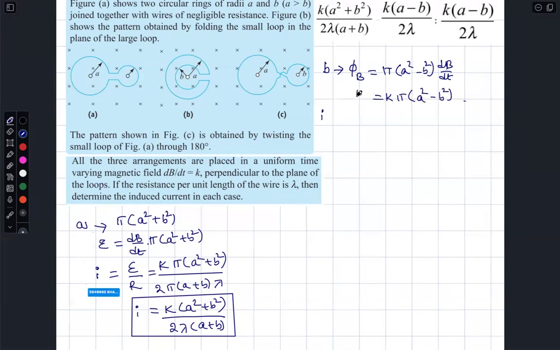So, d phi by dt, if I am writing, right. Next, any doubt till this point? Yes. Now, what about the current?